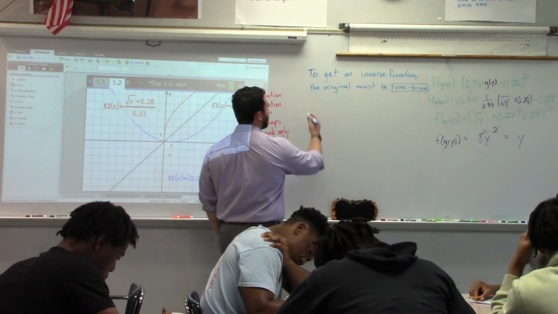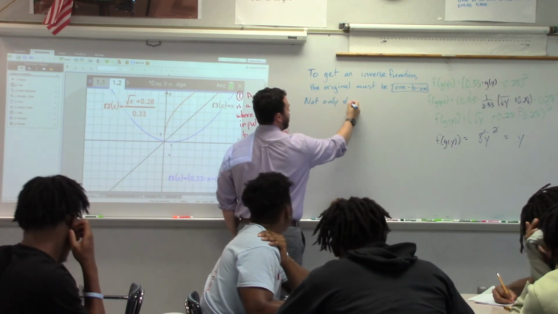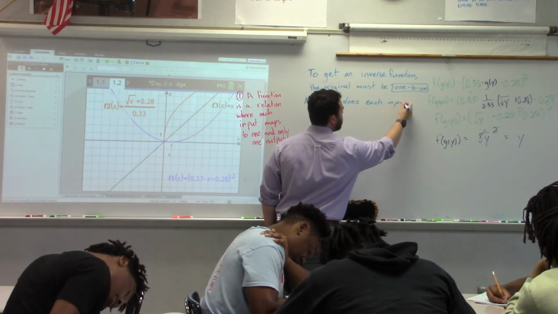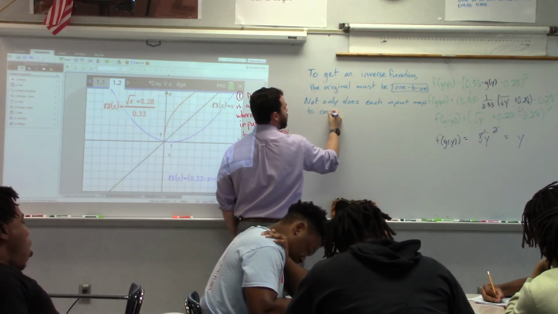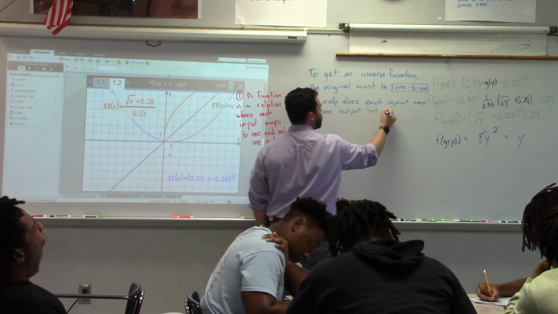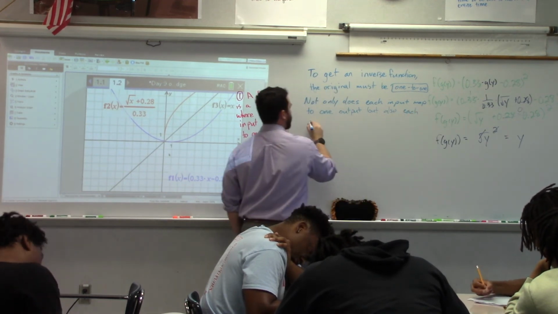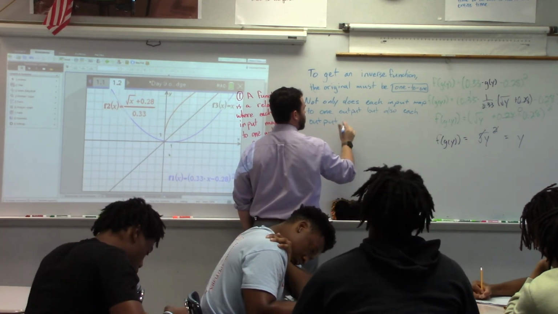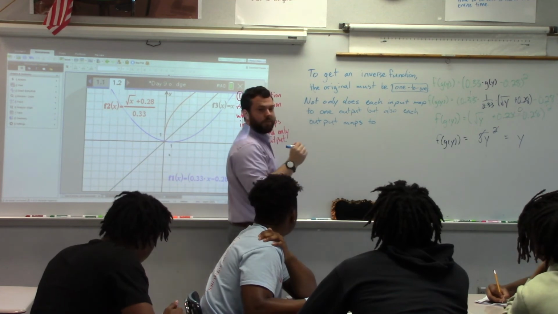What we mean by that is, not only does each input map to one output, but also each output maps to, any guesses how many inputs?